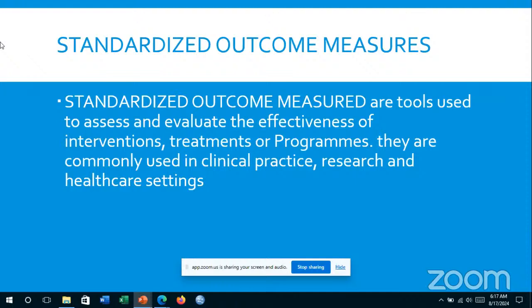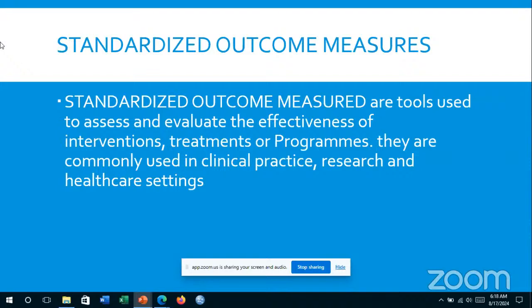So standardized outcome measures are tools that are used to assess and evaluate the effectiveness of interventions, treatments, and programs. They are commonly used in clinical practice, in research, and even in healthcare settings.